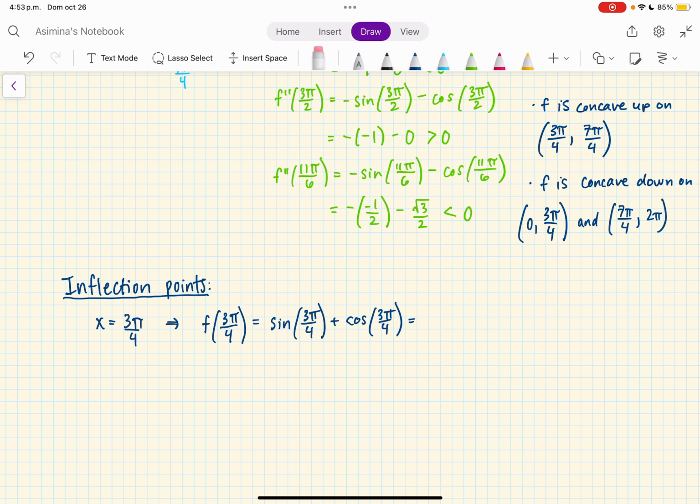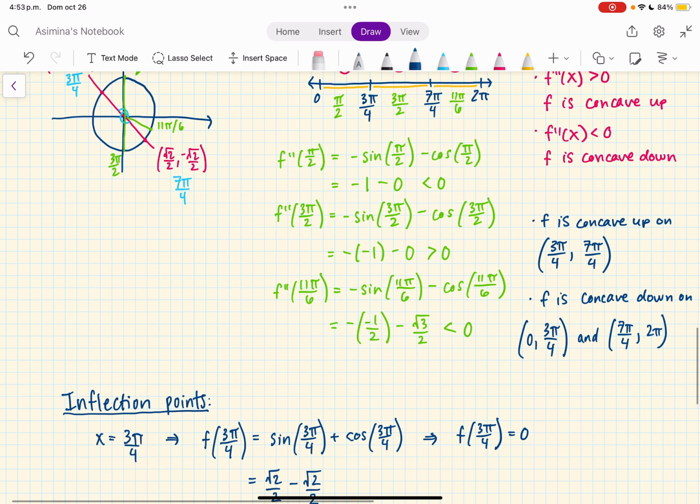And what is that? Well, at 3 pi over 4, we have that sine is root 2 over 2, and cosine is minus root 2 over 2. So that equals 0. So here, f of 3 pi over 4 equals 0. Now, that's one inflection point.